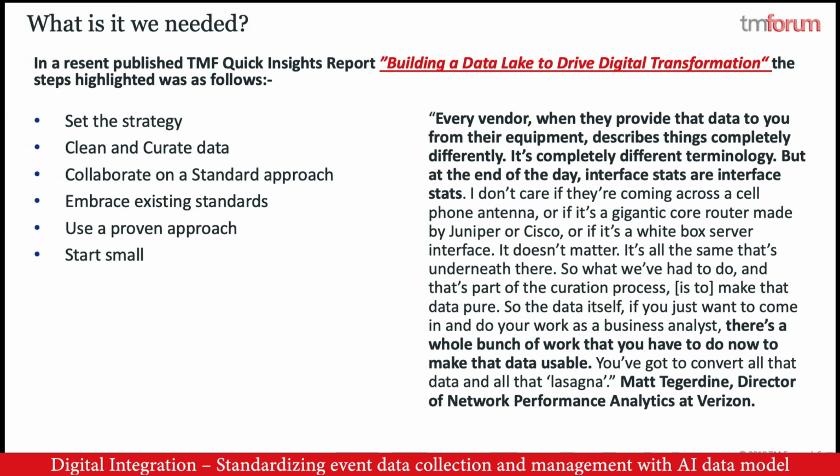But the point is what he's trying to say, that he has the objectives set forward in regards to digital transformation, and he wants to be able to take his data. But he spends more time on just dealing with standard aspects of terminology. And I'll give you a real example of that in a second.